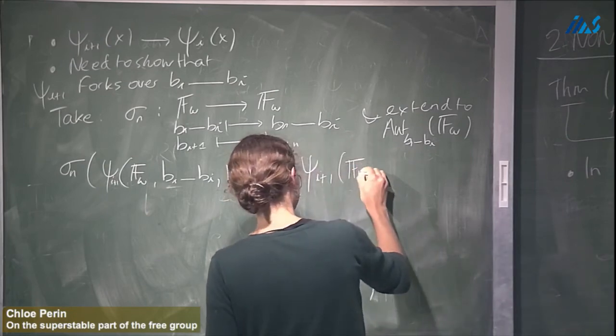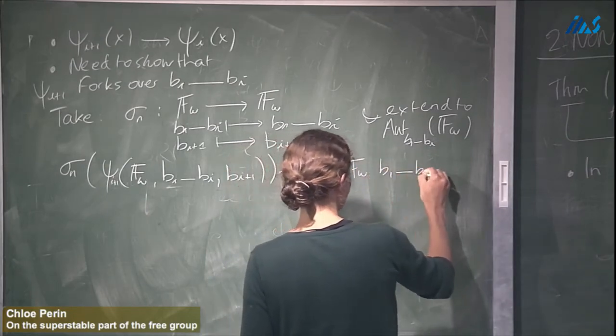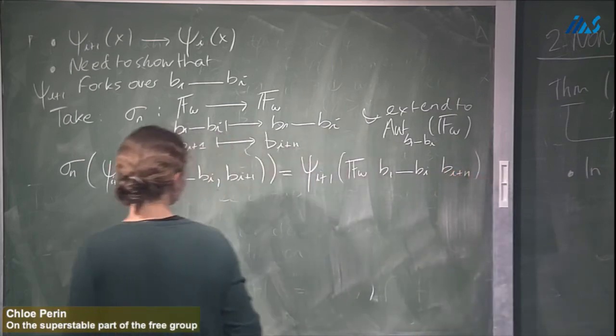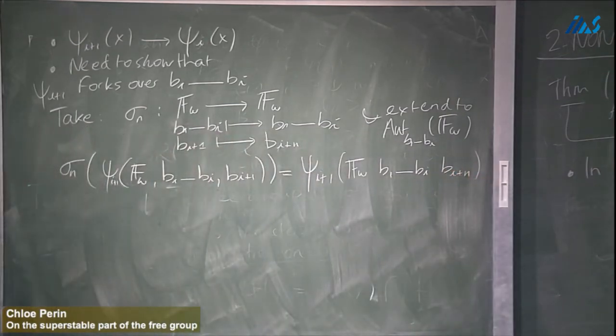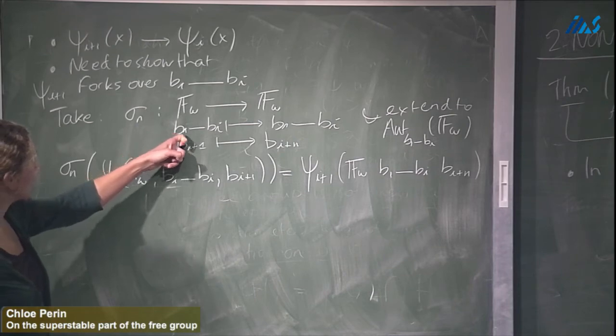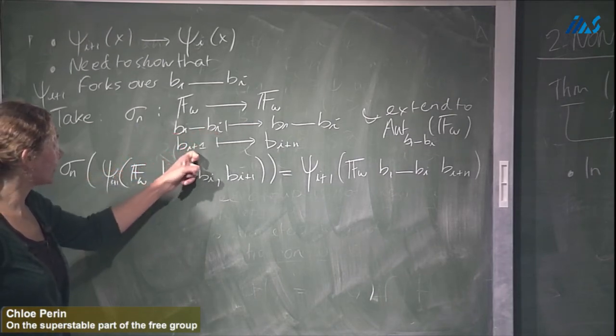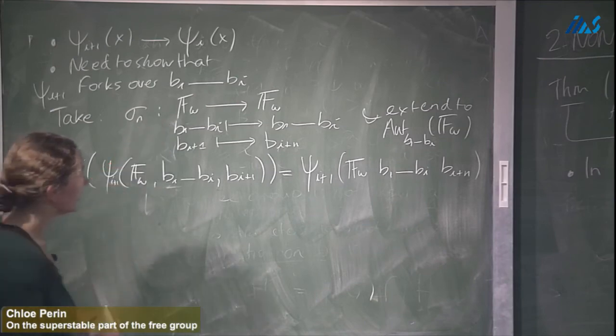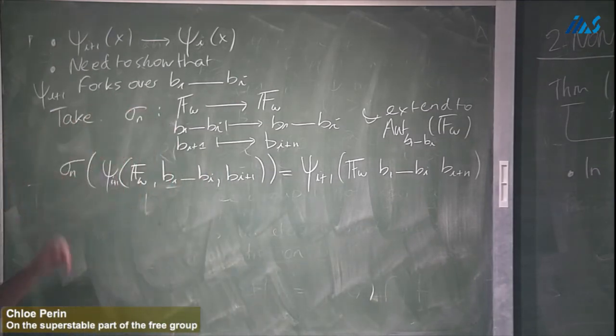So okay, b1, bi, and here I just replace bi plus 1 by bi plus n. Yeah, I claim that you can extend it. So I only defined it on the first I and on I plus 1. Okay, and I claim that you can extend it to the whole of f omega. Oh. Yeah. Okay, just whichever way you like.